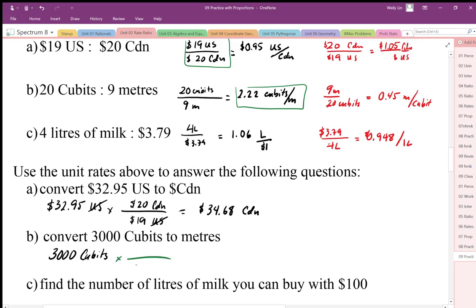So I need cubits in the denominator because I need those units to cancel out. That means I have 1 meter in the numerator. So when I do the division, so 3,000 divided by 2.22, I'm going to get about 1,351. Okay, so about 1,351, let's round that to 4, and the units are going to be meters.